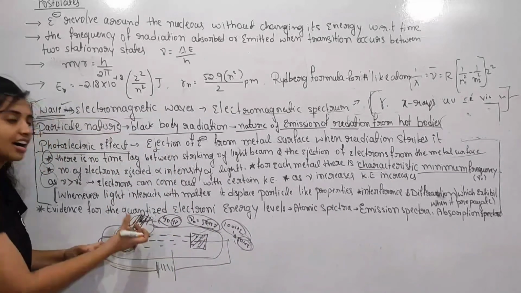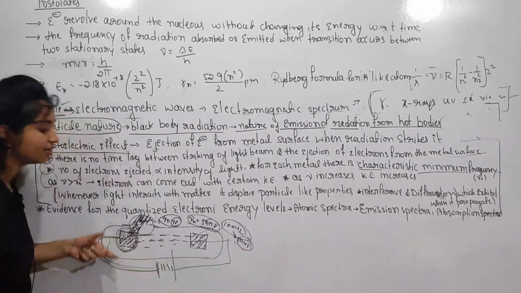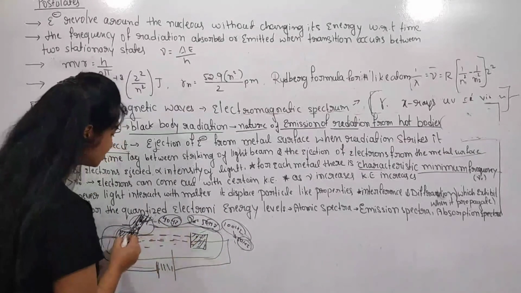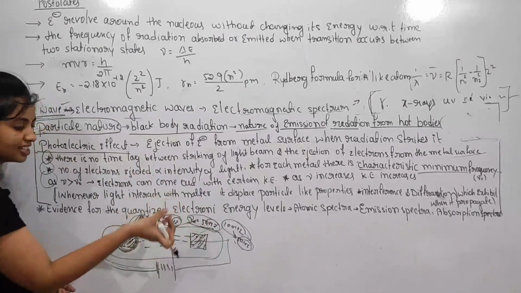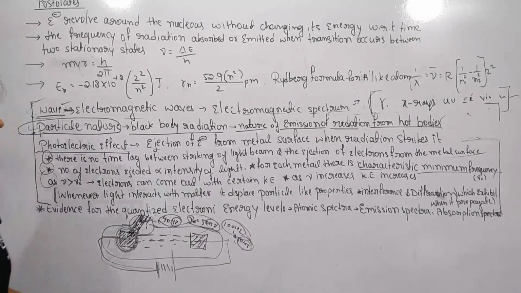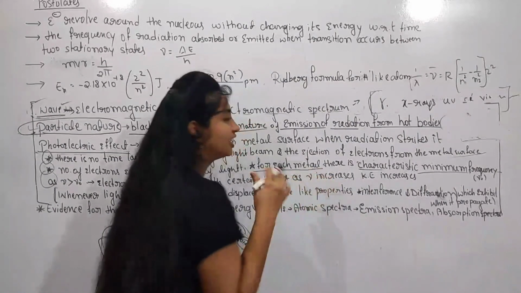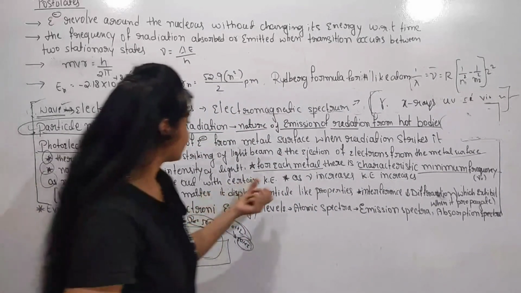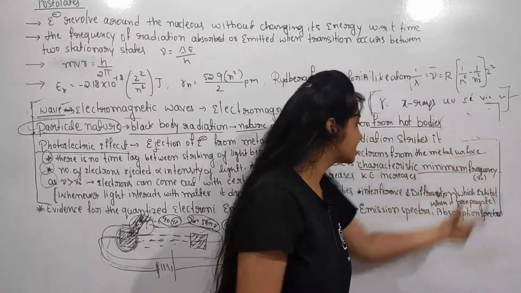These electrons absorb it and get a certain amount of kinetic energy. Our threshold frequency is used for the photoelectric effect and the remaining frequency is converted to kinetic energy of those electrons. So like this, different metals have different threshold frequencies. For each metal there is a characteristic minimum frequency.